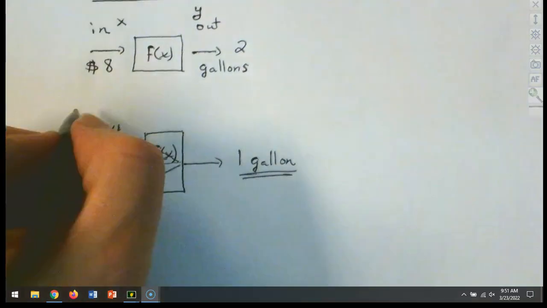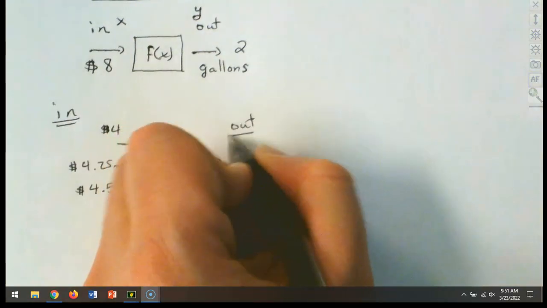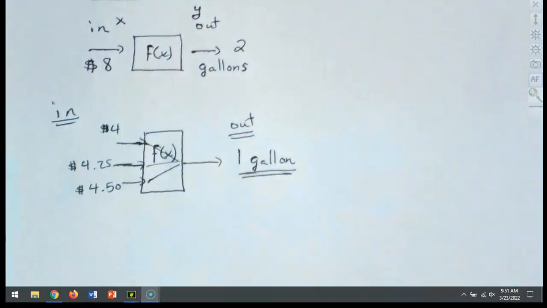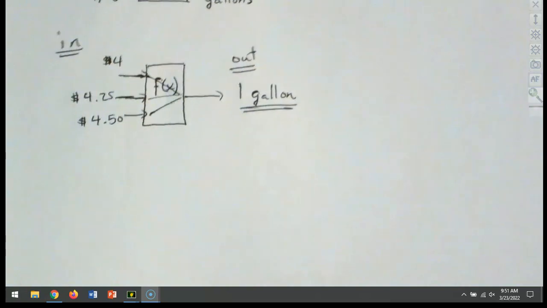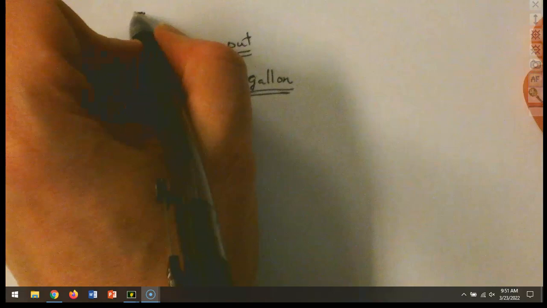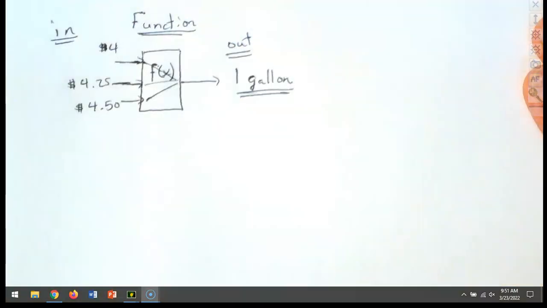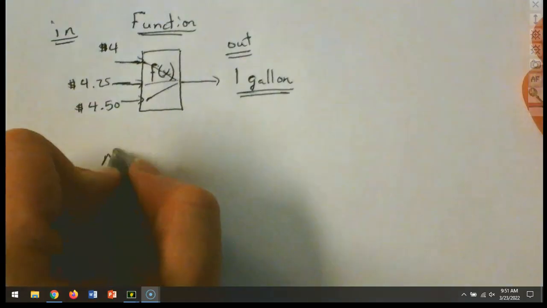So these are what you put in. This is what you get out. So different inputs can give you the same output. And that's okay. That always works. This is not a function. So this one is a function here. This one is not a function, the next one.